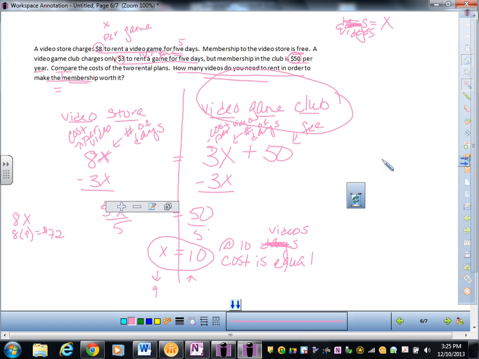And on this side, I can do 3x plus 50, and we're substituting that with 9. So 3 times 9 plus 50. And then that right there is 27 plus 50 is 73. So it's cheaper to go with this one if it's less than 10. Cheaper to do video store if you're doing less than 10 videos.